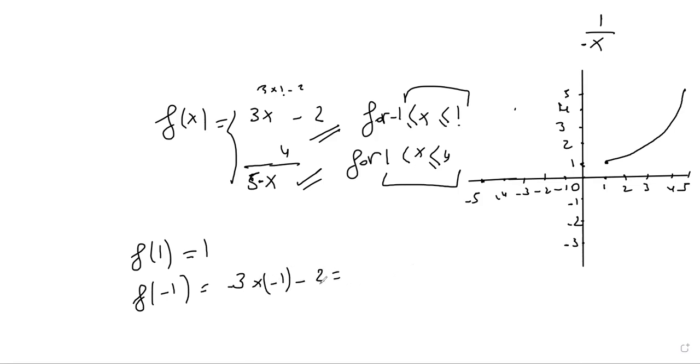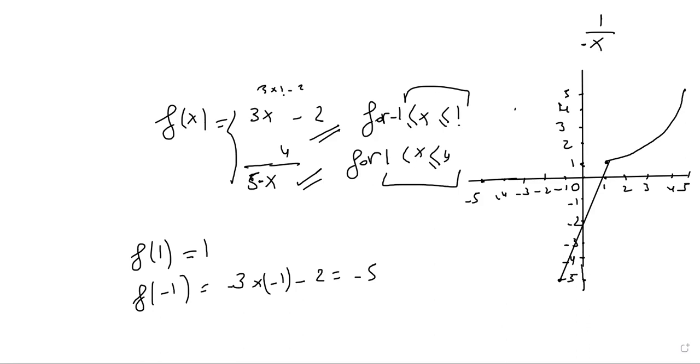So -3 minus 2 is -5. So I know that the image of -1 is -5. I will put it here, -1, -5. So this is the point that I'm talking about. And I just need to link the 2 points, right? So this one and that one. So this is the graph of my function f.